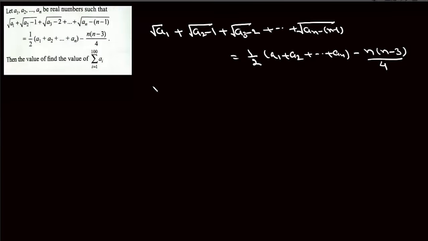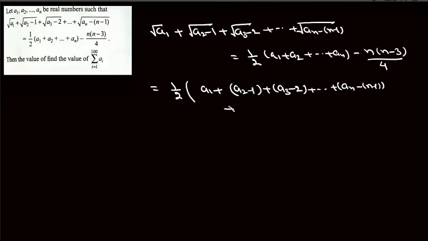Now what we'll do is, on this right hand side we'll write this as 1 by 2 a1, we'll write a2 minus 1, a3 minus 2, and an minus n minus 1.